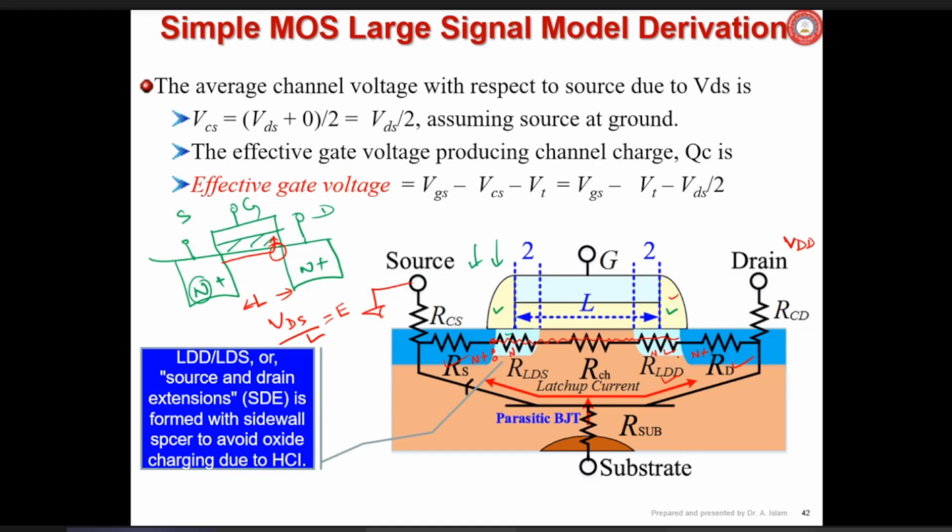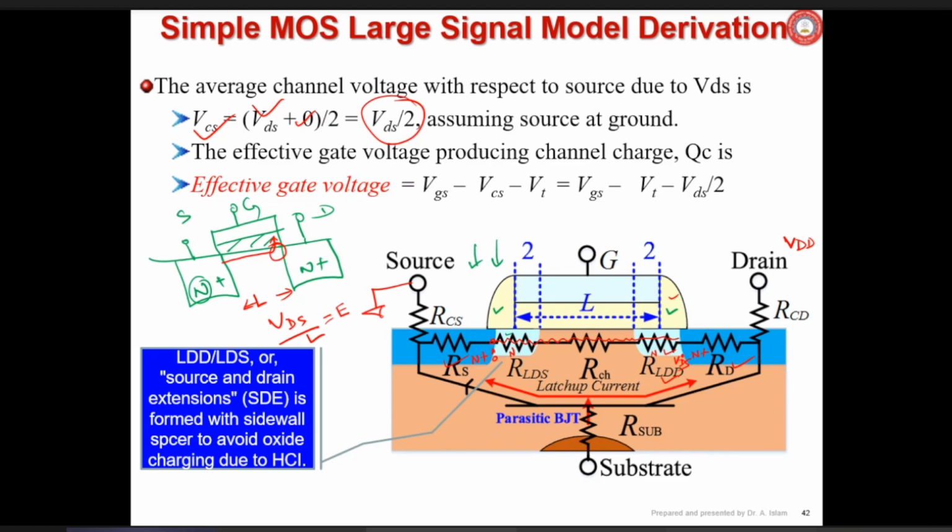Here at this point, the drain point, it is VDS, right? So the average channel voltage is obviously VDS plus 0 divided by 2, that is VDS by 2. Is it understood, Tripathi? Yes, average channel voltage.